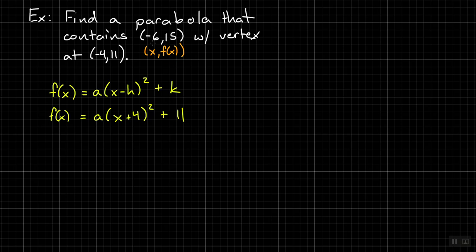I know that when I plug in a negative 6 for x, what y value or what f of x does it spit out? According to this, if I plug in a negative 6, it spits out 15. Let's plug this point right into here. I know that the y value or the f of x value is 15, and that happens when I plug in a what for x? A negative 6.